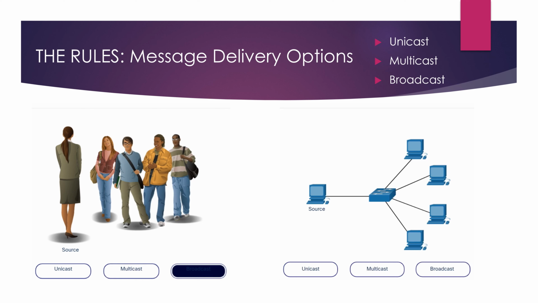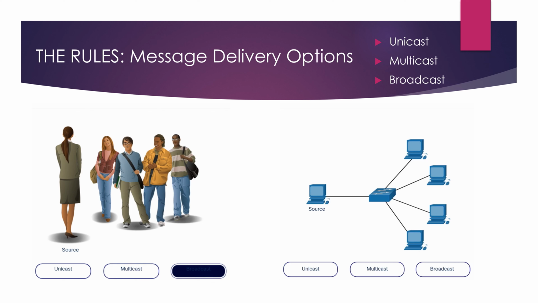It happens even at the network. Network communication has similar delivery options. There are three types of communication. It is unicast, where information is being transmitted to a single end device. Multicast, where information is being transmitted to one or more than one end devices.